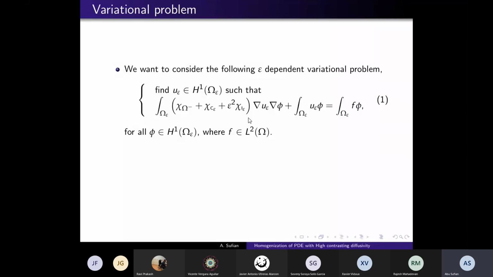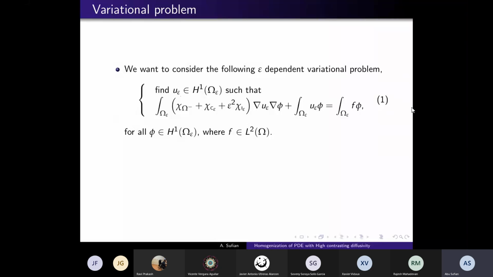So the variational problem is: find U epsilon belonging to H1 of omega epsilon such that the integral over omega epsilon of (chi omega minus plus chi C epsilon plus epsilon squared chi I epsilon) grad U epsilon grad phi, plus the integral over omega epsilon of U epsilon phi, equals the integral over omega epsilon of f phi.